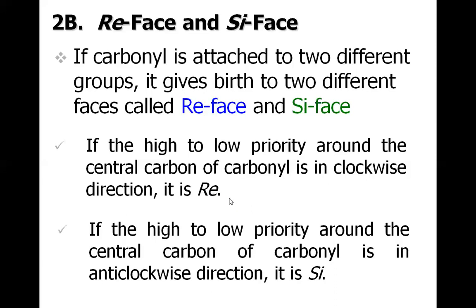So the same protocol is applied here. Basically the inspiration of Re and Si is taken from R and S. Here the difference between R and Re is that R is found for the chiral center and Re is found for the carbonyl carbon face. And the rest of the protocol is the same, by assigning the priority.